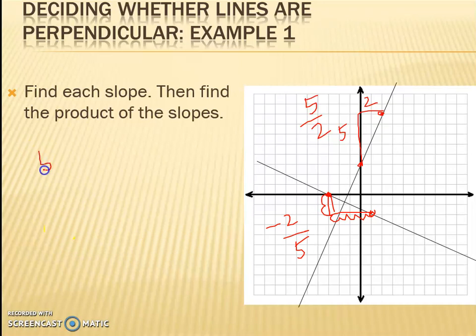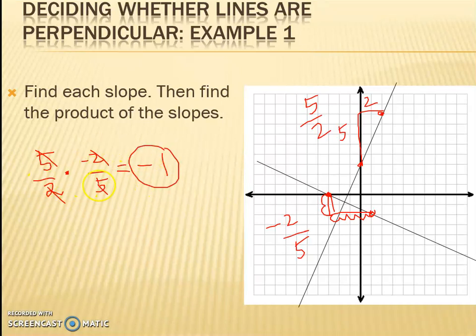When you multiply these two slopes, I get -1 because they cancel, right? Then you have -10 over 10, which is -1. So when the product of two slopes is -1, the lines are perpendicular to each other. This is the negative reciprocal: you flip, that's the reciprocal, and add the negative sign. So these two lines are perpendicular to each other.